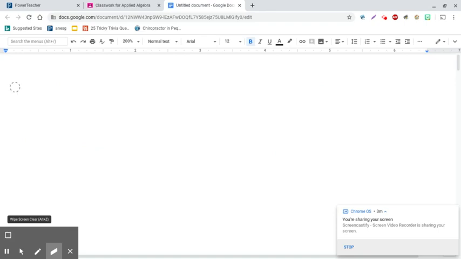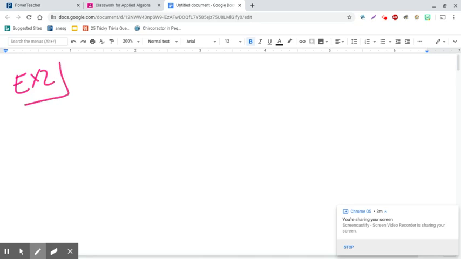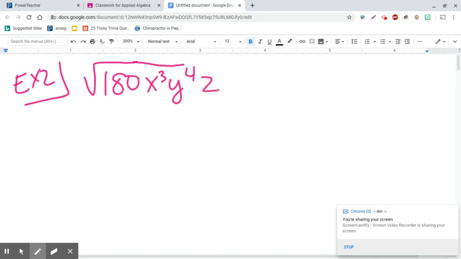All right, example 2. Okay, let's look at this. We are going to go with the square root of 180 x cubed y to the fourth z. So the first thing we're going to do is 180.